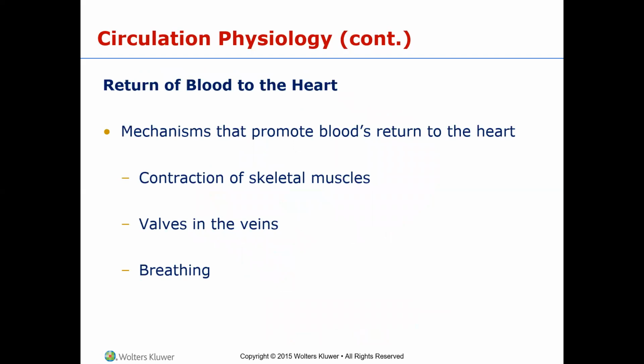Some of the other things responsible for returning blood back to the heart, if you remember, the veins have valves in them, and the skeletal muscles are going to force open those veins, and the valves will remain open for the blood to flow in a one-way direction back towards the heart.